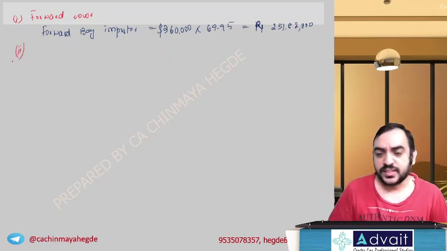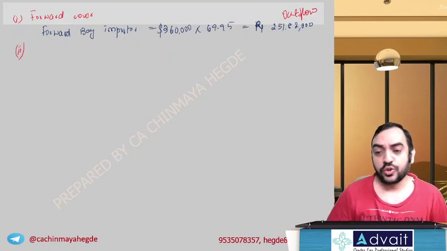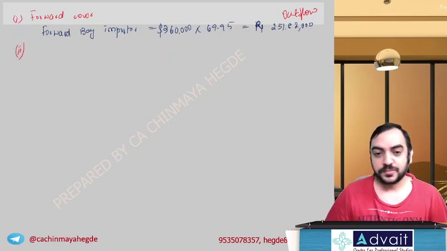Okay, this was very simple. And this is for an importer, so this is an outflow. Cash payment outflow in rupees. For the importer, he has to make a payment to get the dollar, and the dollar he pays to his supplier.